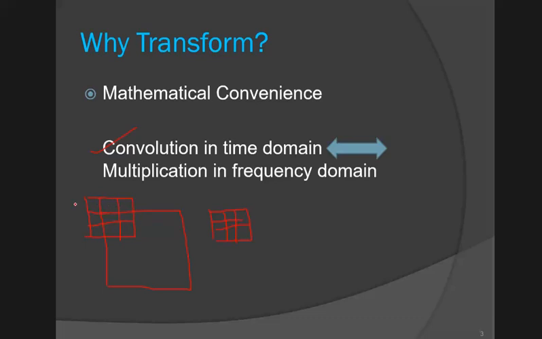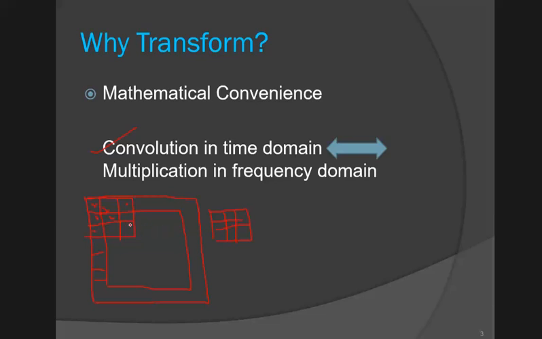Now some pixels of the mask are falling outside of the image. For that we do padding. We have seen different techniques like replicate and zero padding. And we convolve this mask over all the pixels in our given image.